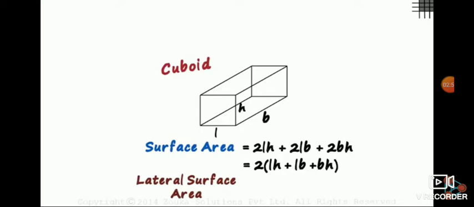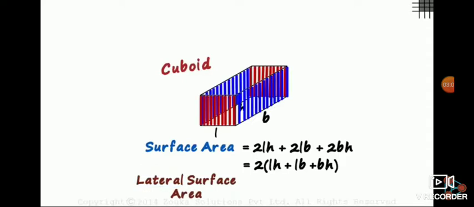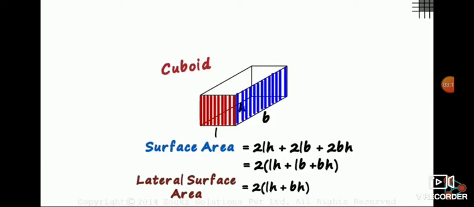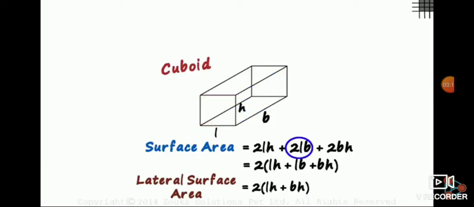What is its lateral surface area then? The word lateral simply means side. This is the sum of the areas of the faces on the side, not the faces at the top or the bottom. So it will just be 2(LH + BH). We ignored 2LB as they are the areas of the top and bottom surfaces.